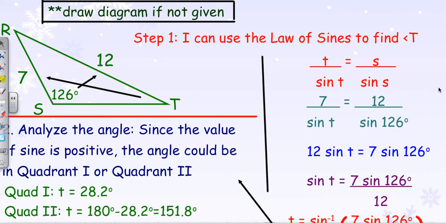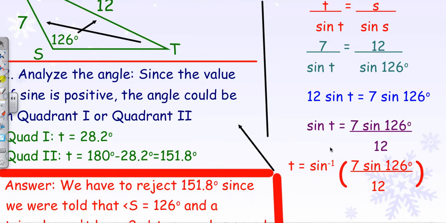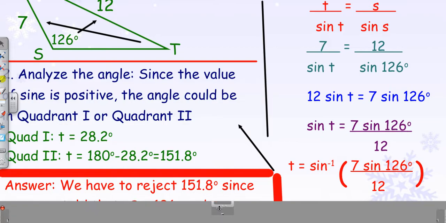When I divide by 12, notice that I'm looking for the sine of T, so I'm looking for an angle. Remember that whenever we find angles, we have to press the second arc sine button. When I do arc sine of this entire thing, I end up getting 28 degrees.